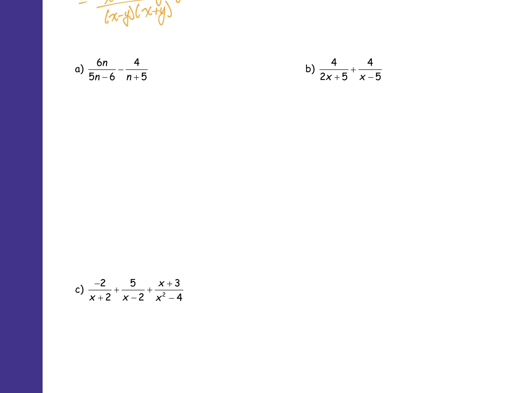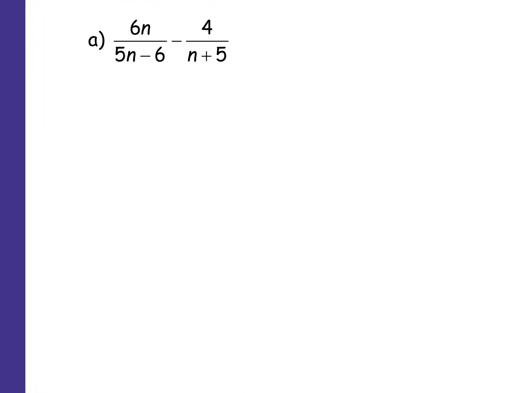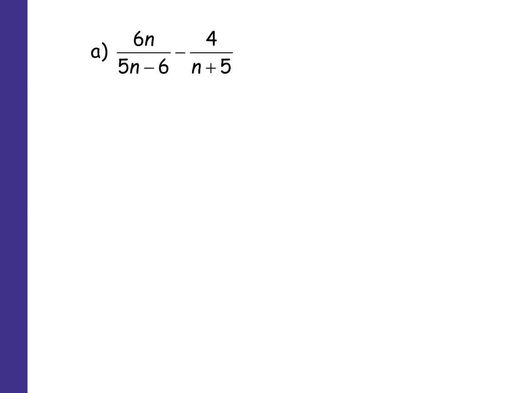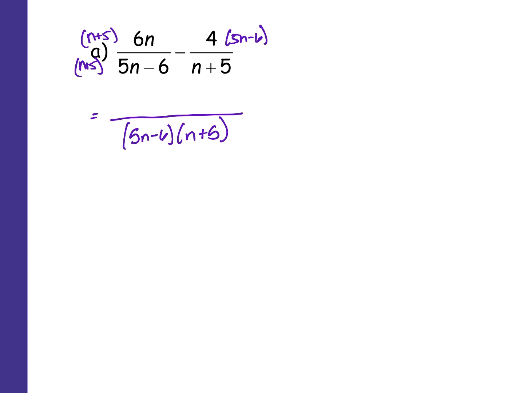Let's go ahead and do this problem here. So my common denominator, let's make it a little bigger. I said my common denominator was 5n minus 6 times n plus 5. So that means this one needs an n plus 5, and this side needs a 5n minus 6 to look like my common denominator. So I'm going to distribute the 6n through, and the negative 4, that's a negative 4 because it's a minus, through.